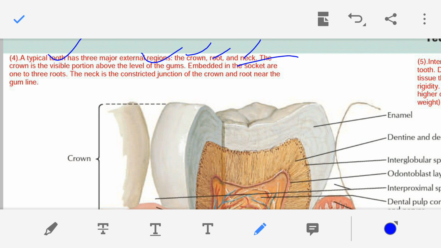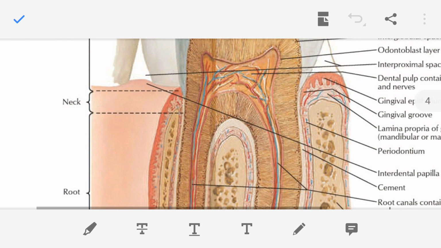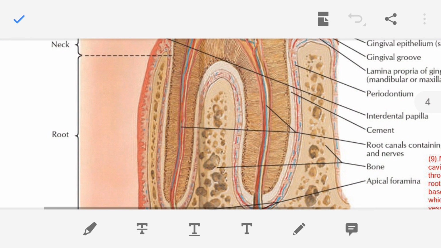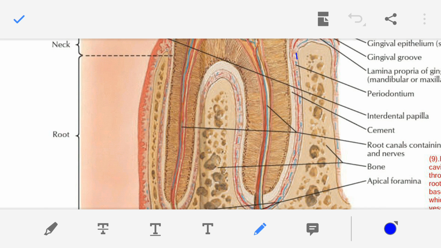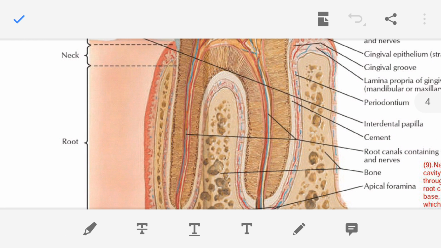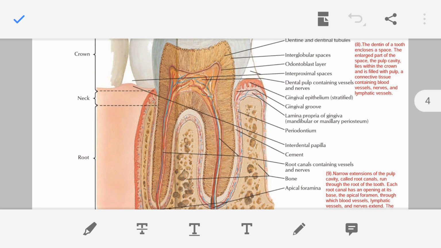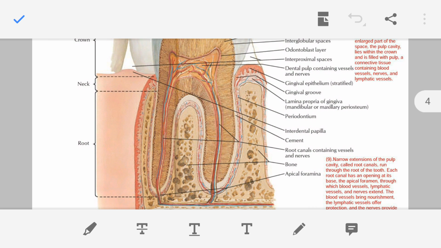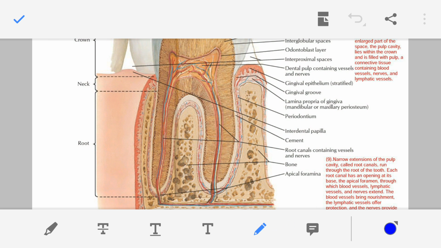Now, in the socket of the tooth, one, two, or three roots are embedded. For example, here this one is one root and this one is the other root. So in this tooth, two roots are visible.